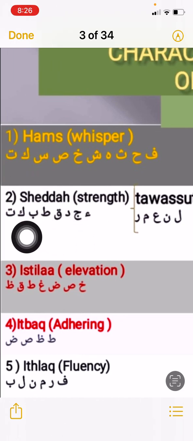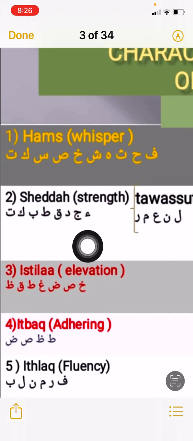The second one is شدة, which means strength, in Arabic al-shidda.